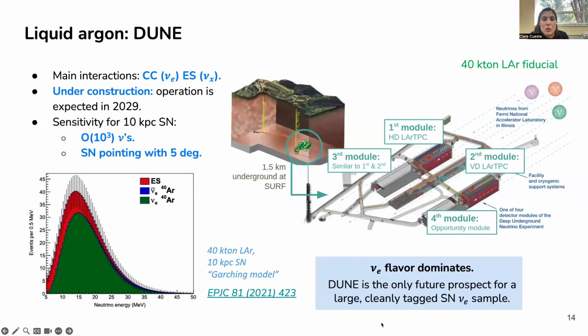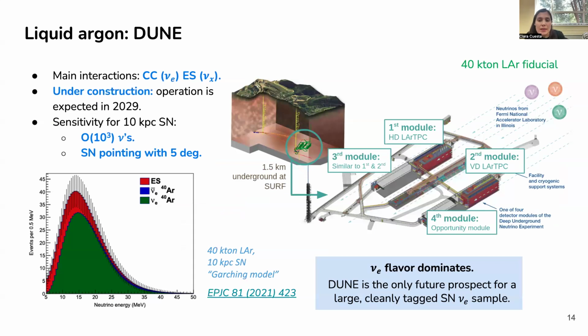DUNE is a huge liquid argon time projection chamber that will have 40 kilotons fiducial volume. It is under construction, and the first phase will start operating in 2029. DUNE will record thousands of events for a 10 kiloparsec supernova. The main advantage is that most of them will be electron neutrinos, which dominate the first phase of the explosion.